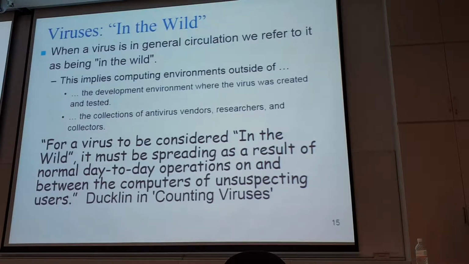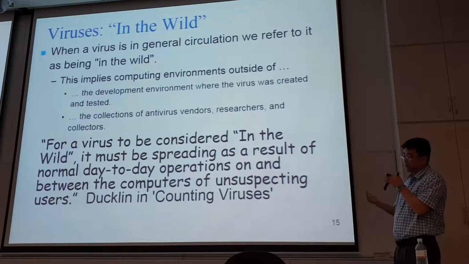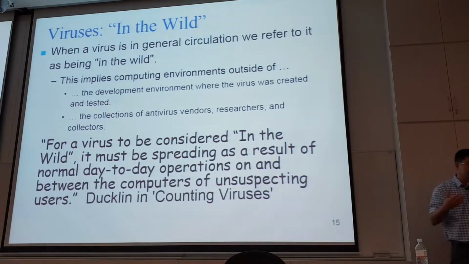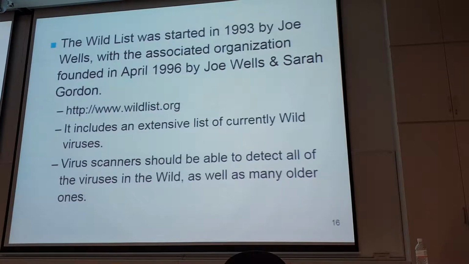And for the current popular or active viruses, you can find them in the so-called wild list. Wild list means the virus is in the wild. That means that the virus actually is active. So you can find the list of viruses on the website. The wild list website will update.